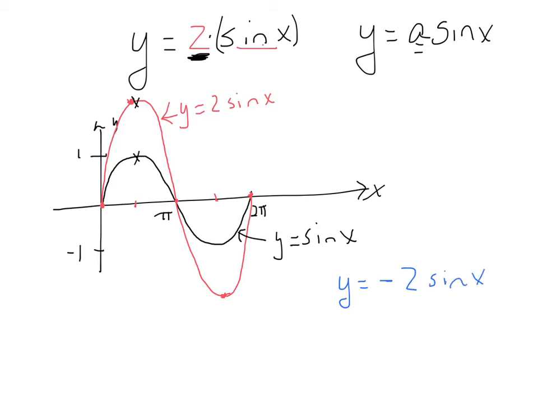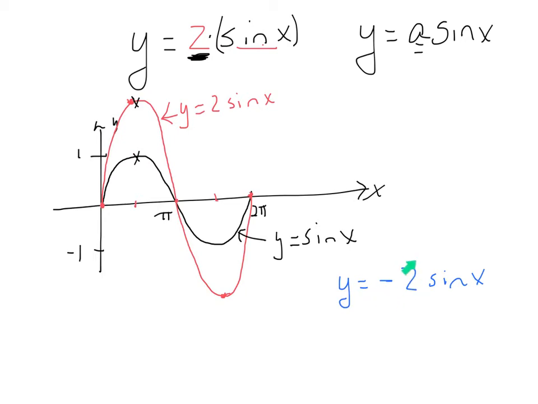Well, we already know that a negative in front of a function actually reflects that function in the x-axis. The amplitude is still 2, because the amplitude is the distance between the midline and the peak, no matter where that peak is. So it's going to be upside down.